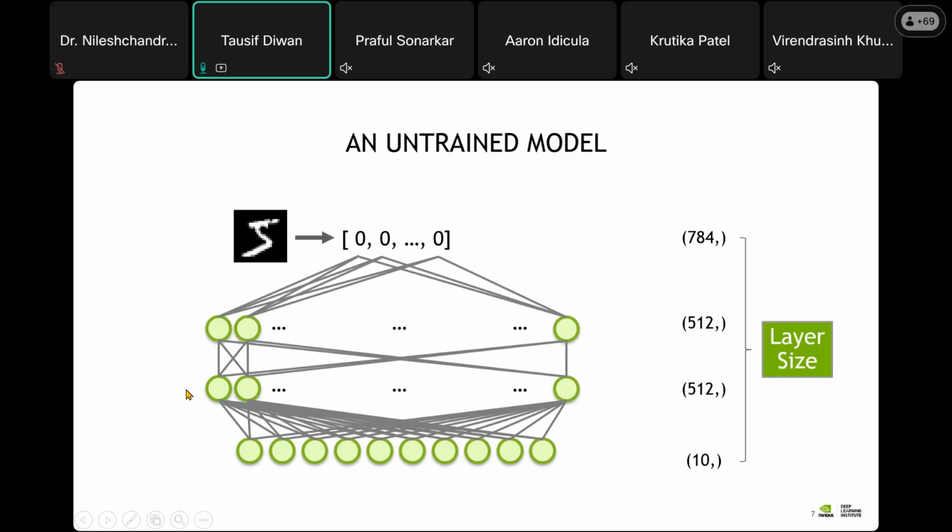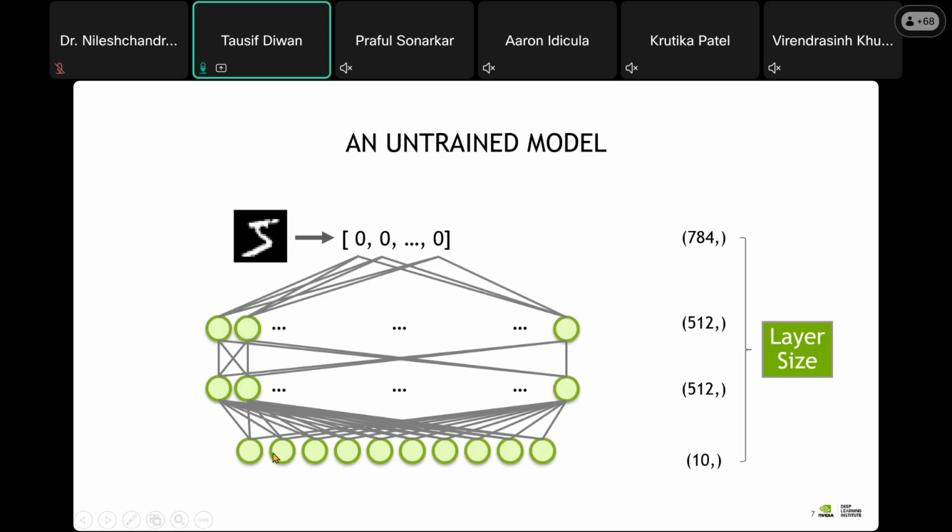Then we have another layer wherein once again 512 neurons are there. So this is my first layer, this is my second layer, and lastly my output layer is there. If we consider the case of handwritten digits, in total how many classes are there? It's a case of multi-class classification, so a total of 10 categories are there. So here you can see a total of 10 neurons in the output.